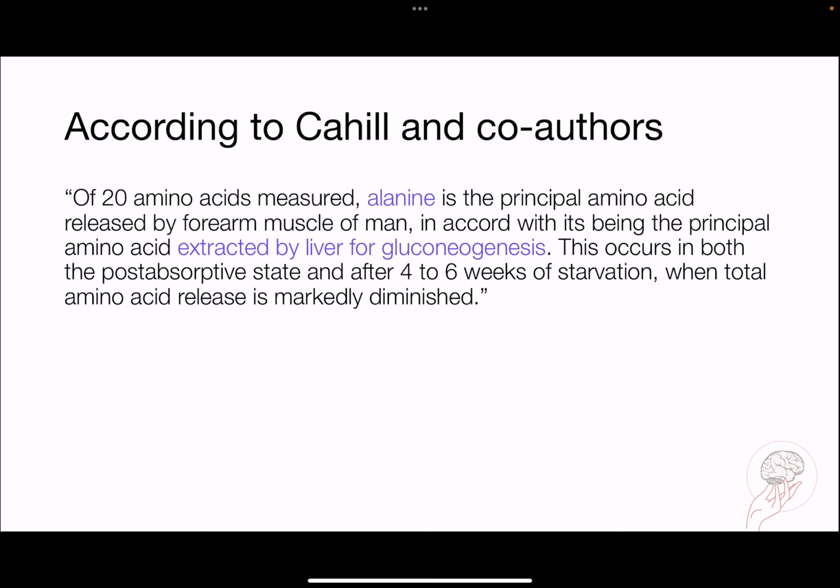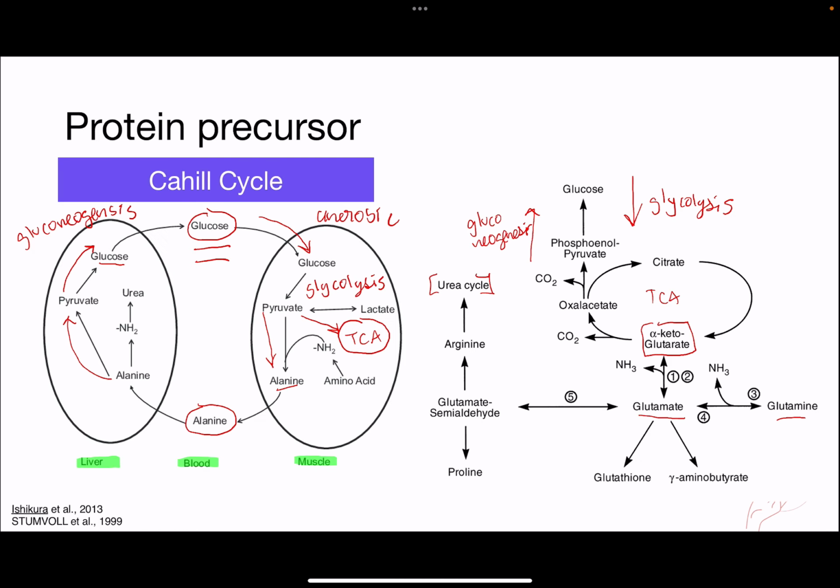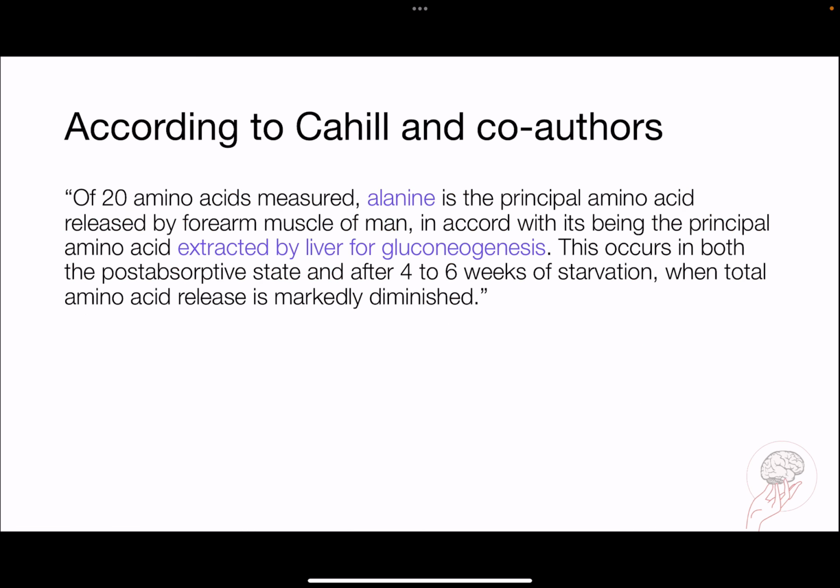So according to Cahill and the co-authors, who the cycle is named after, of the 20 amino acids measured, alanine is the principal amino acid released by the forearm, in accordance with its being the principal amino acid extracted by the liver for gluconeogenesis. So alanine comes from our muscle.